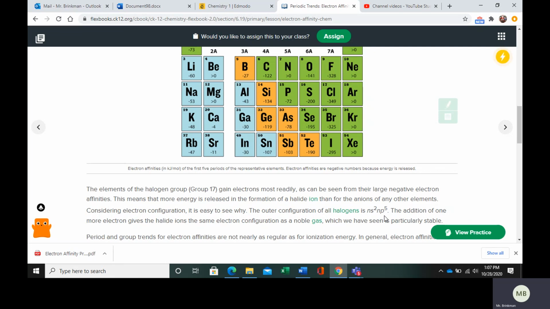This is why it will easily accept an electron, because it is trying to get the 6th electron in the p orbital, thus making it have 8 valence electrons. And 8 is the magic number. 8 is the number of valence electrons in a noble gas. That's why they're stable. That's why they don't react.